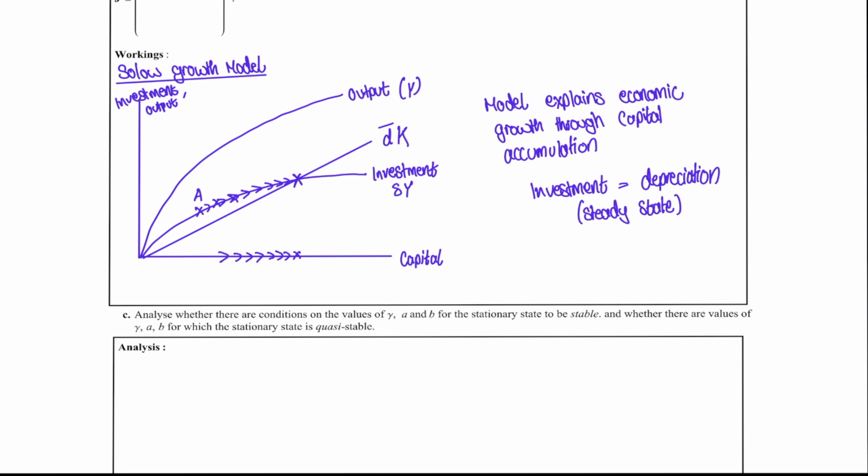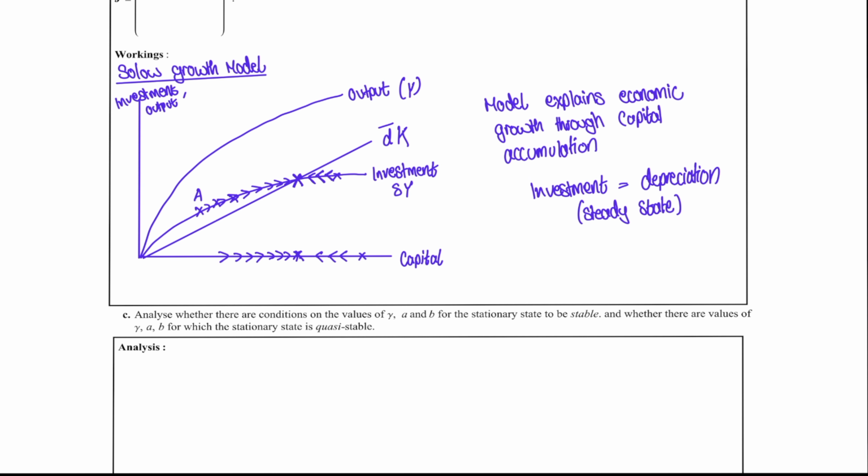At this point, if we continue going on, we see that depreciation becomes greater than investment, which means that capital accumulation begins to fall because the rate of depreciation is higher than how much we're investing in capital. As a result, we would start moving backwards back to this steady state.